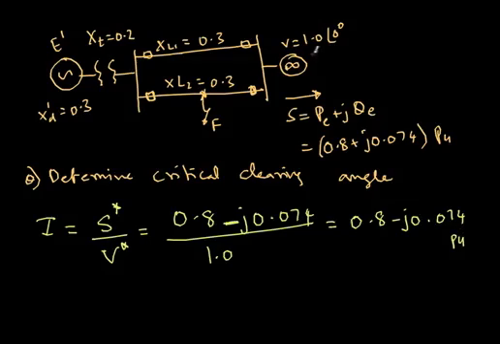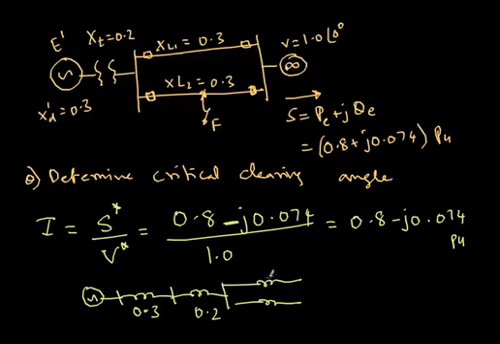Now look at the total impedance between this and this. First there is a generator, which itself has an internal reactance of 0.3. Then there is a transformer whose reactance is 0.2. Then I have two lines, 0.3 and 0.3, which are in parallel.